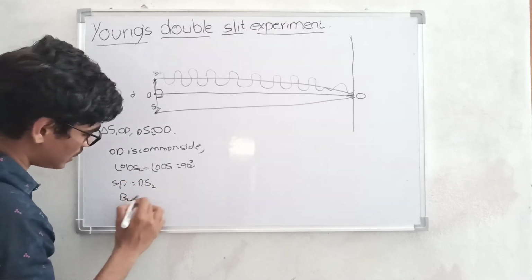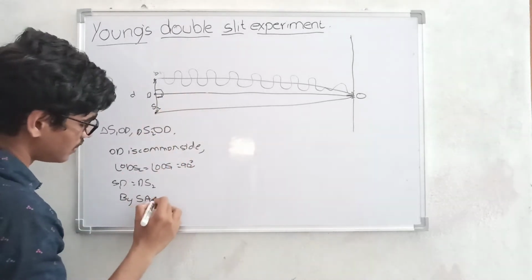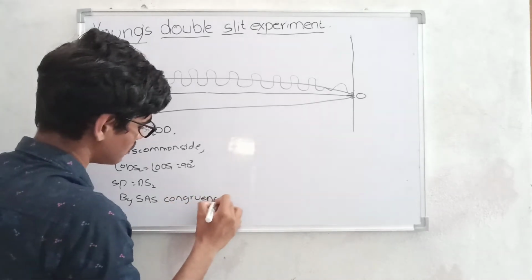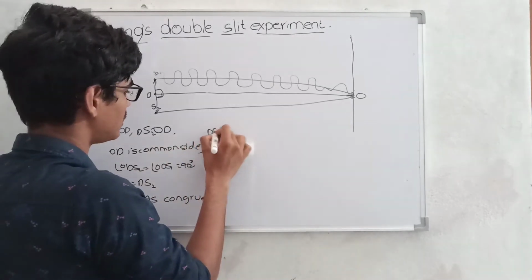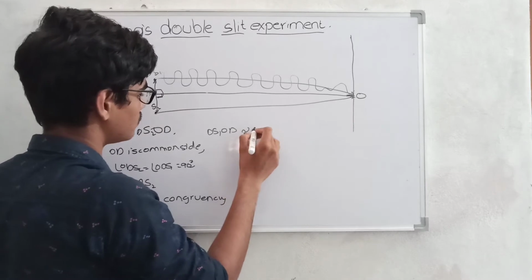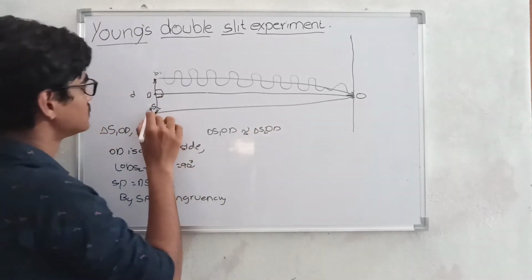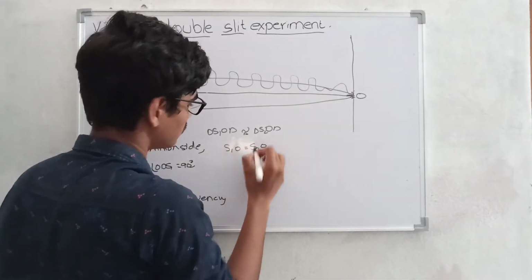Therefore, by side angle side (SAS) congruency, triangle S1OD is congruent to triangle S2OD. That means S1O is equal to S2O.